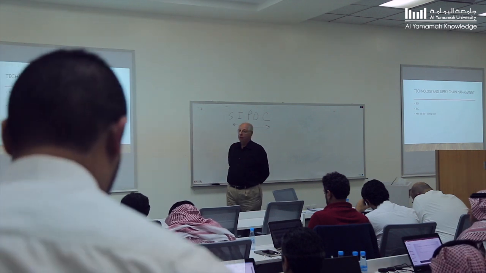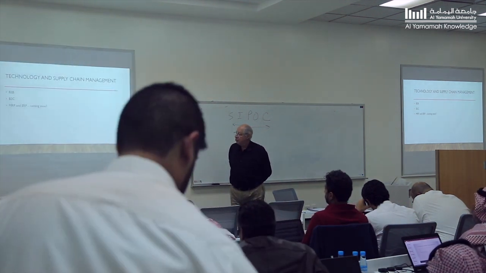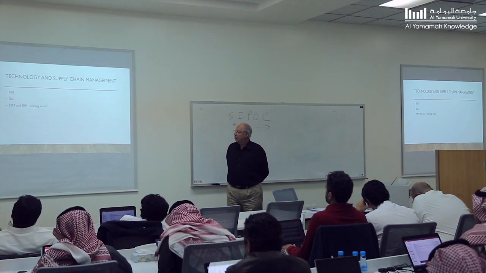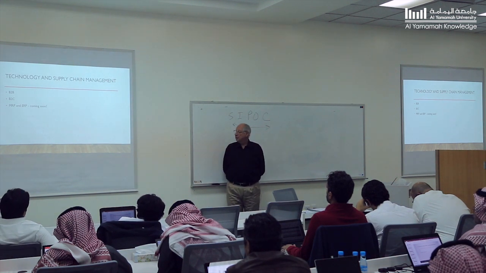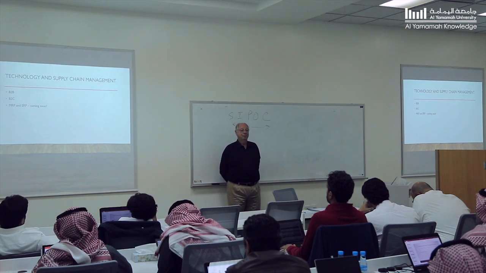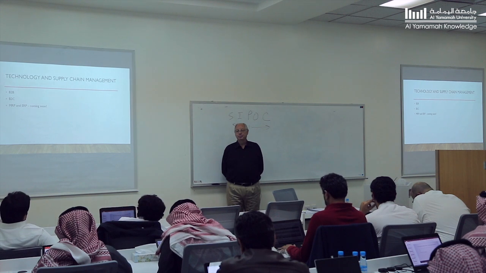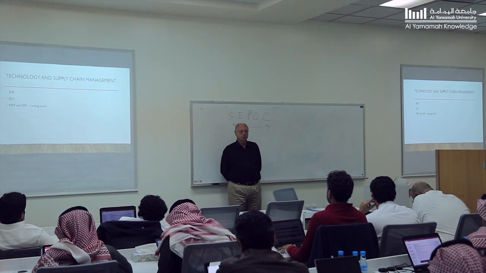Technology. Do you know what B2B is? Business to business. B2C, business to customer. How about MRP and ERP? That's enterprise resource planning. MRP? Materials resource planning. Materials came first. We're going to talk a little bit about this tomorrow, not much.